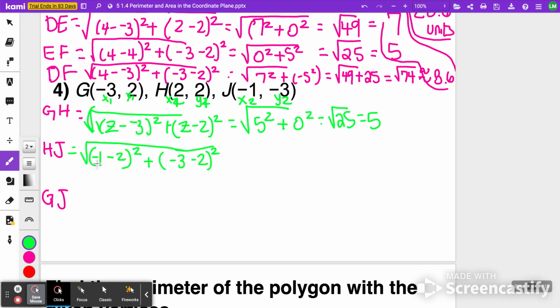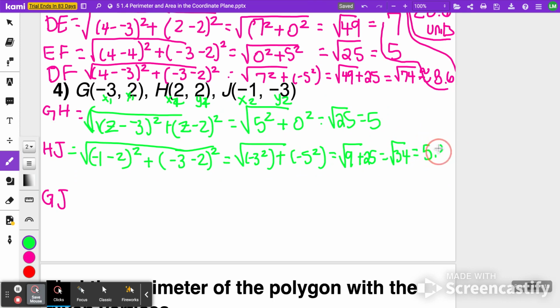Negative 1 minus 2 is negative 3, so negative 3 squared plus negative 3 minus 2 is negative 5 squared. That is going to translate to 9 plus 25, so I'm going to end up getting the square root of 34. This is not a perfect square, so we are going to round it to about 5.83.